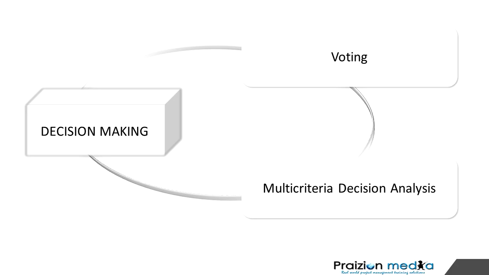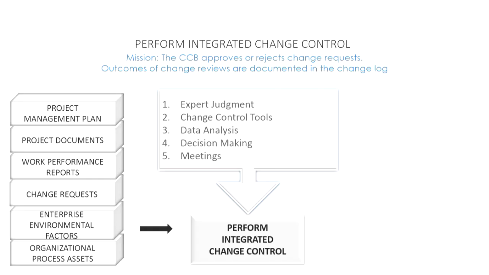And that looks at various criteria for effecting a change or for agreeing that a change should be made. So we call that multi-criteria decision analysis. All these various criteria should be defined up front, and the change control board, of course, is aware of it. The final tool and technique here is meetings. Meetings are the vehicle. Change control meetings. This is how we get change requests approved.